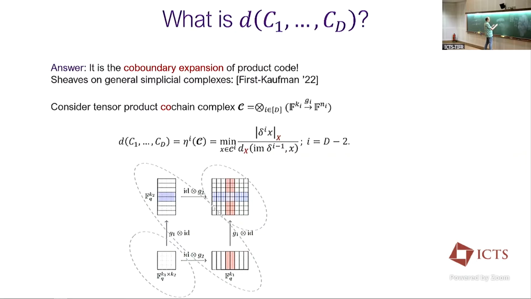We have some tensor product code. You can consider some numbers here, maybe zeros and ones. And we have copy operators, so we have restrictions. We have a sheaf, and we have restrictions. Here we restrict to columns.